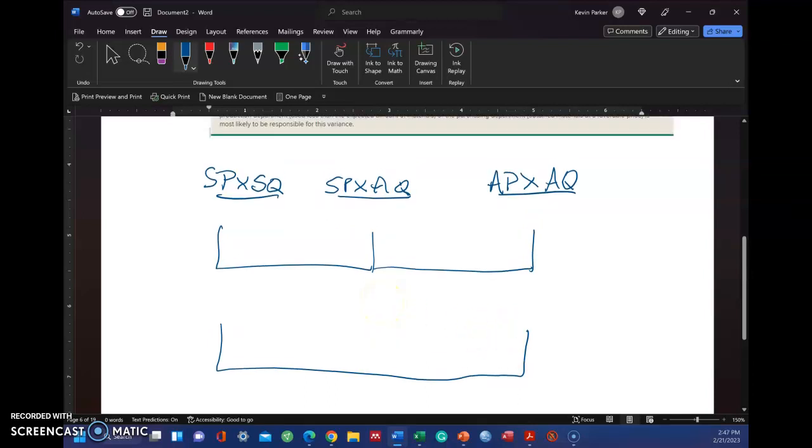But this is the volume variance, and we're looking at direct materials, so it's direct materials volume variance. And then this is the direct materials price variance. And I normally just call this variance. This is just the total variance, direct materials variance. Because you're looking at the budget and what happened, what we actually did.